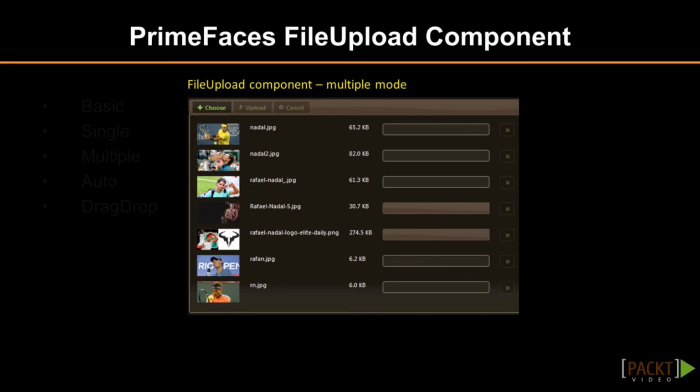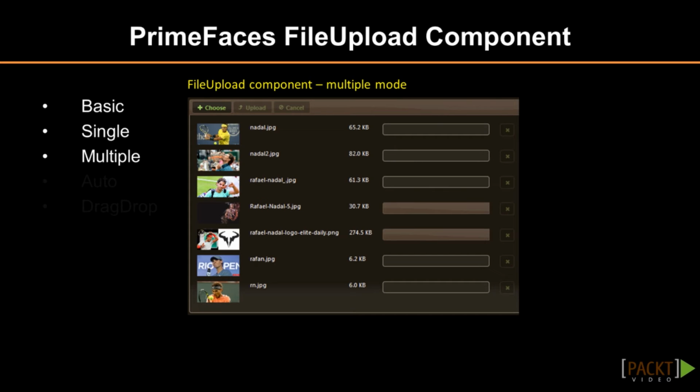The FileUpload component is available in the next 5 modes. Basic, this is a simple upload that uses the native FileUpload. Single, the single mode allows us to select files one by one.